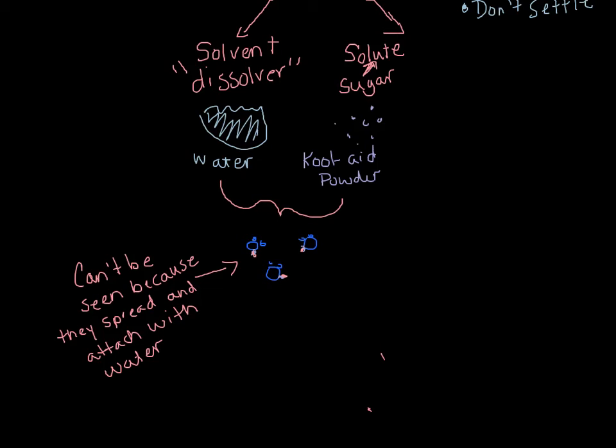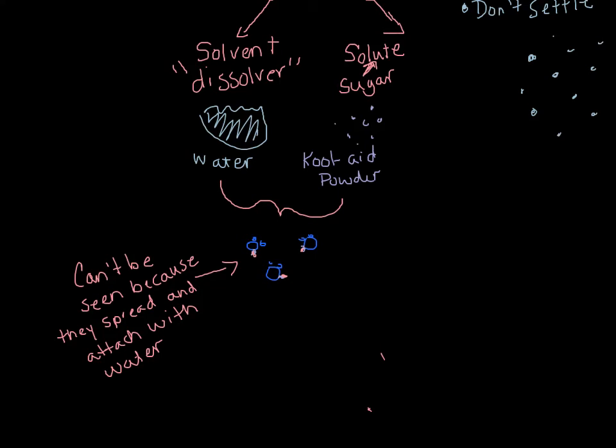Okay, and then we're going to go under here, over here in this area, underneath the colloid where we wrote doesn't settle or won't settle. And I just thought it would be nice to draw a picture of fog. So you've got your particles, and they're large enough to see, but they just kind of stay in the air.